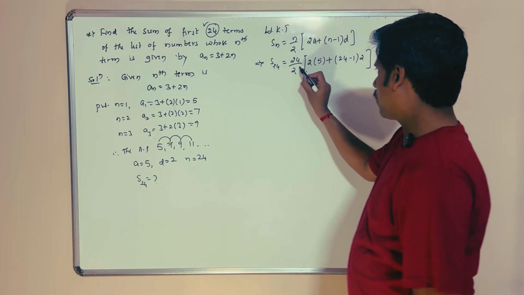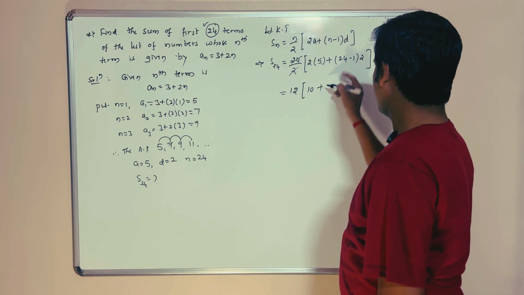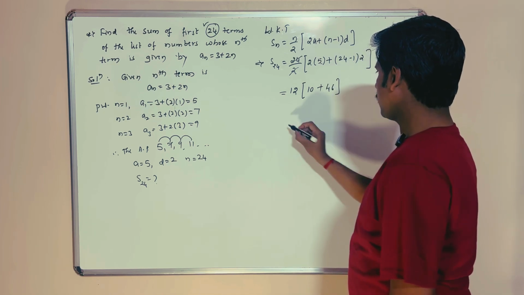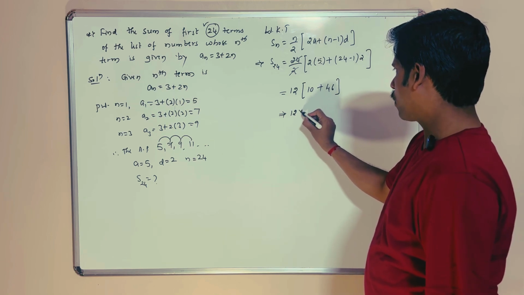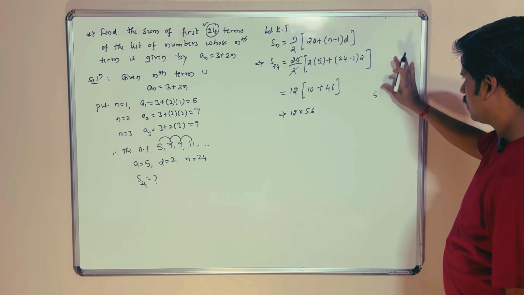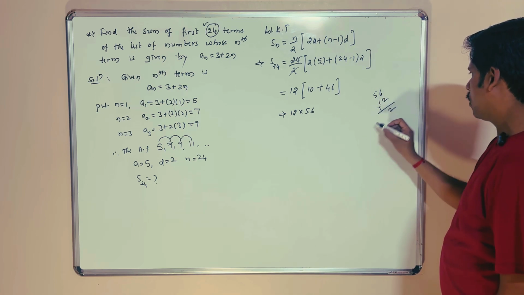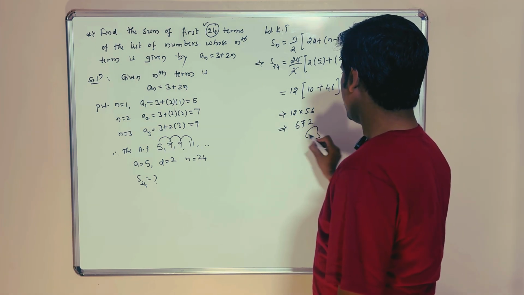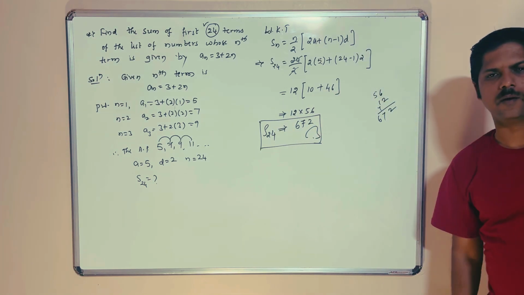Now simplify, 2 ones are 2, 12s are 24. So 12 into 5 2s are 10 plus 24 minus 1 is 23. 23 2s are 46. So 46 plus 10 is 56. So 12 into 56. 12 6s are 72, so it is 672, the sum of first 24 terms.